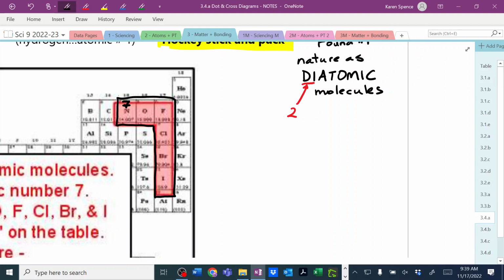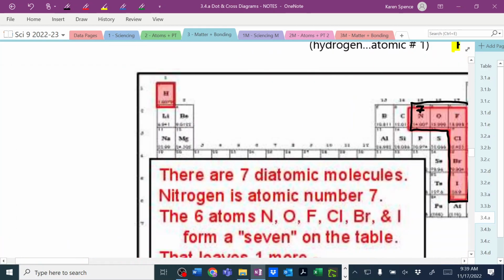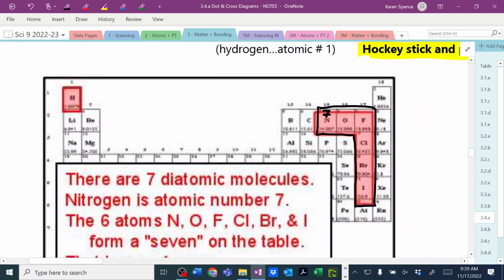In order to get 7, you also need the puck. So here we have the hockey stick. And here we have the puck to give you 7. So start on 7, draw a 7, and then add hydrogen as the puck.